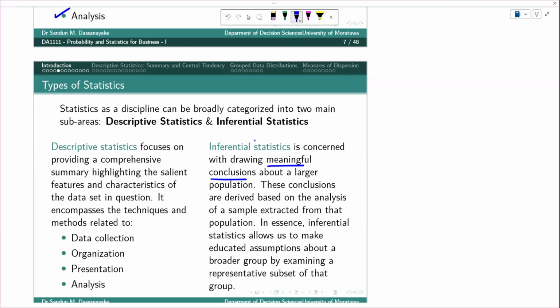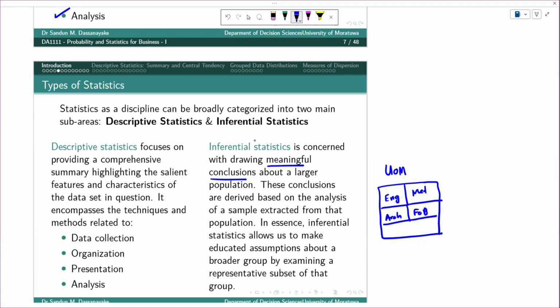For example, if you look at the University of Moratuwa, inside it you have different faculties. Let's say the engineering faculty is there. Then you have the medical faculty, Archi, then the business faculty, and so on and so forth.